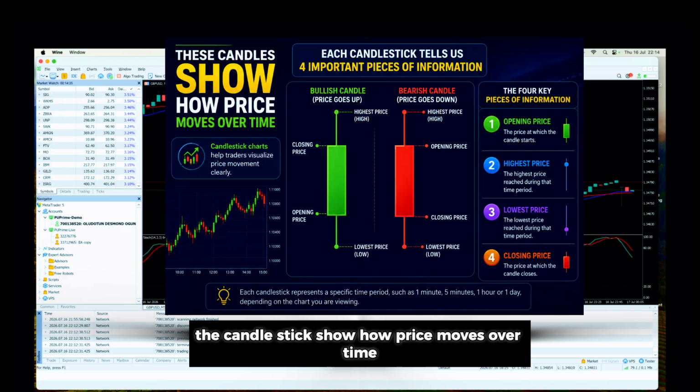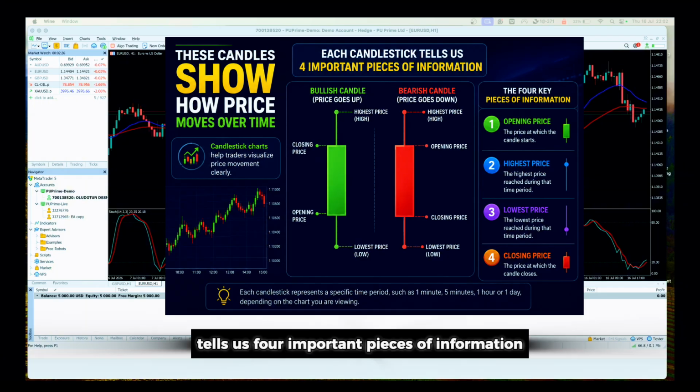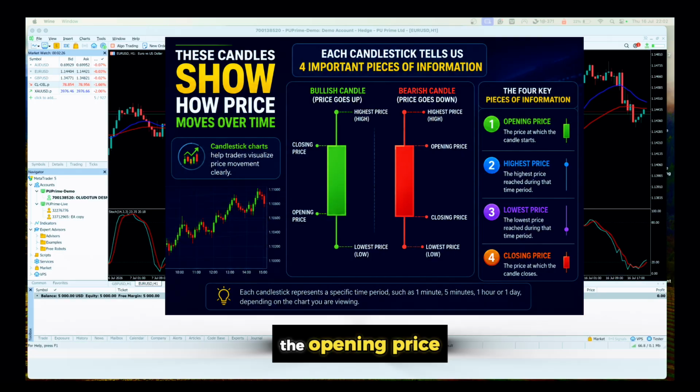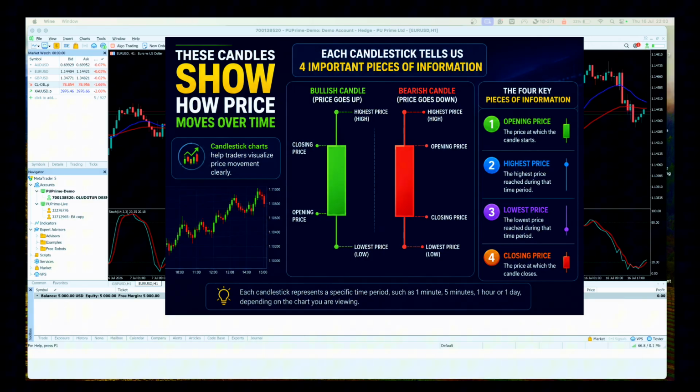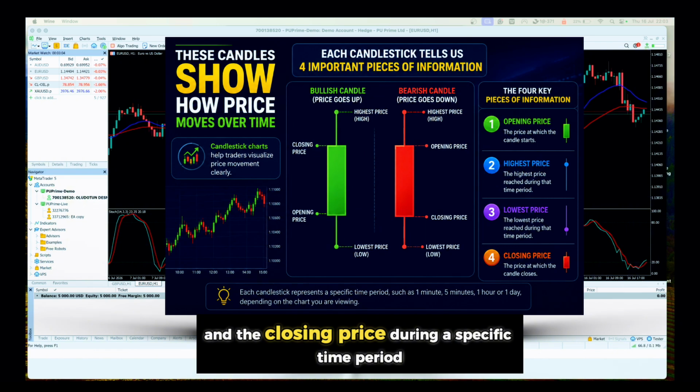The candlestick shows how price moves over time. Each candlestick tells us four important pieces of information: the opening price, the highest price, the lowest price, and the closing price during a specific time period.